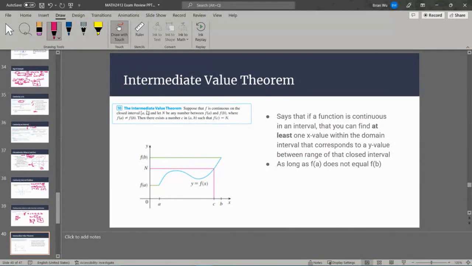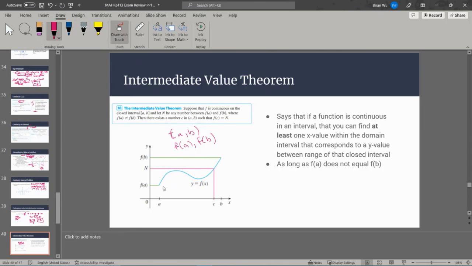So the intermediate value theorem is essentially a theorem that uses continuity. It says that if a function is continuous on a range of values, such as a, b, which don't necessarily have to be in closed brackets, and we have corresponding function values, then if we have some number between f of a and f of b, there should be a corresponding x value between a and b.